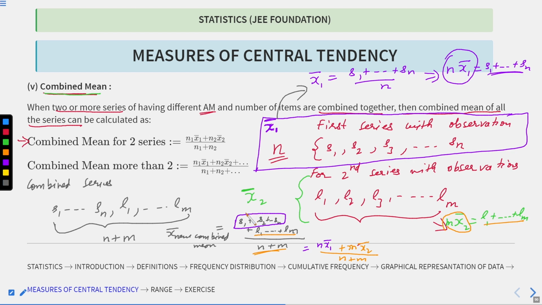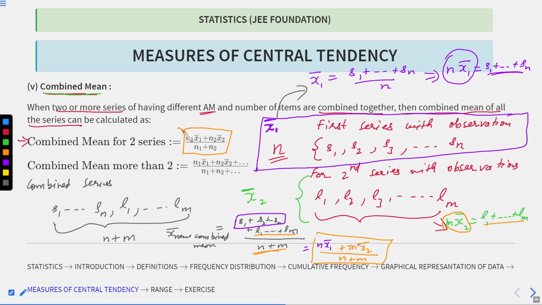So for two series this will be my combined mean. So this is the whole derivation for this formula, or you can just remember the formula over here.